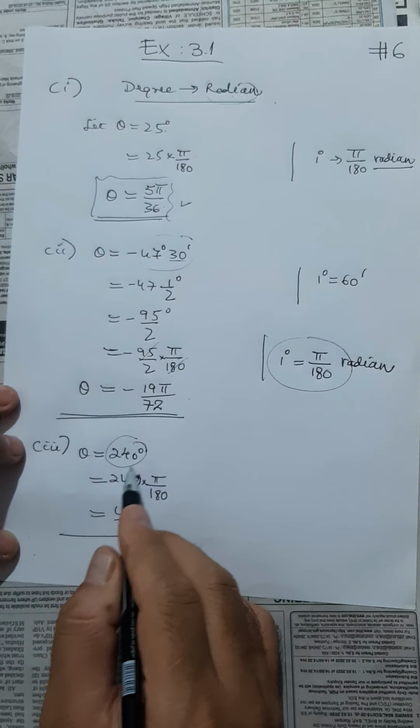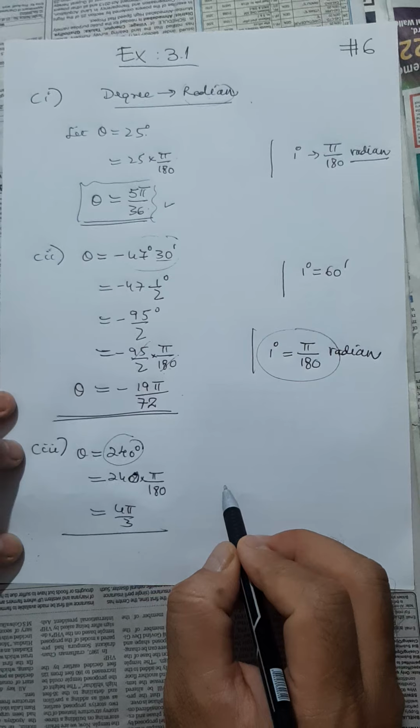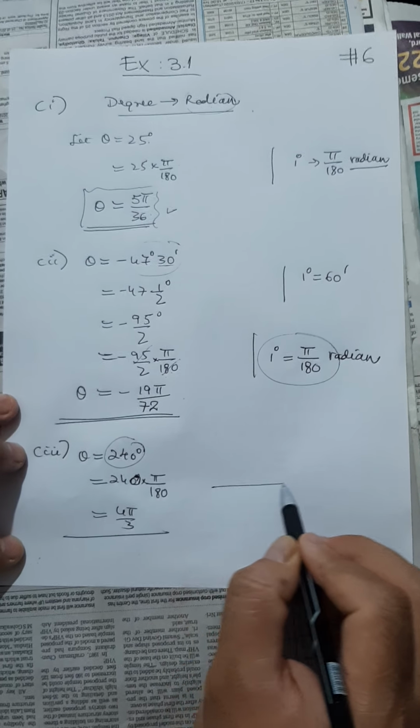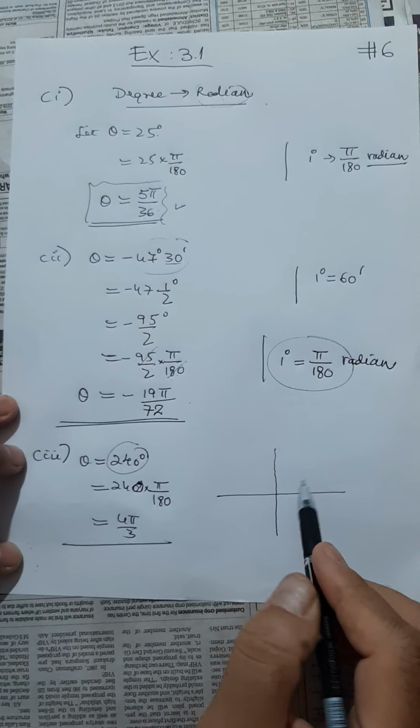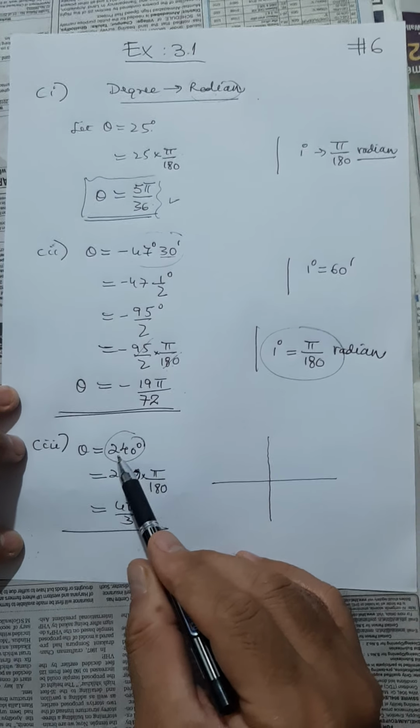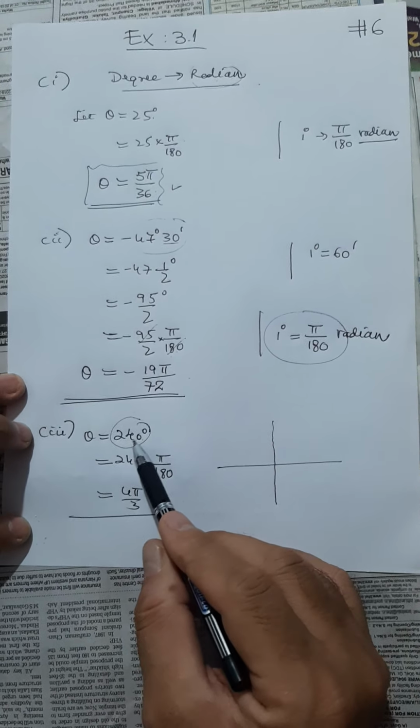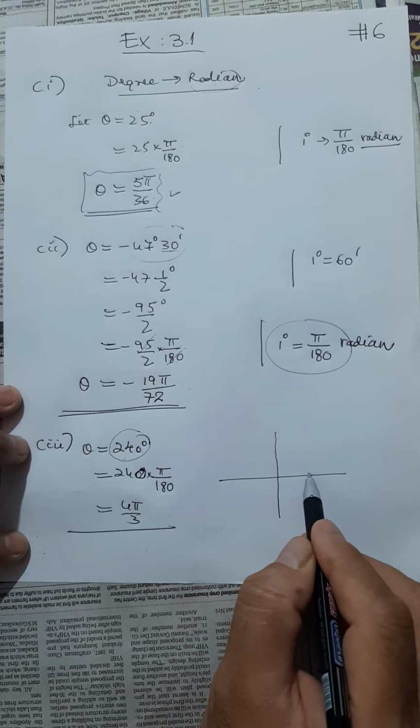If you want to see here, it would be like this. If this is like a unit circle, now 240, so it is more than 180.